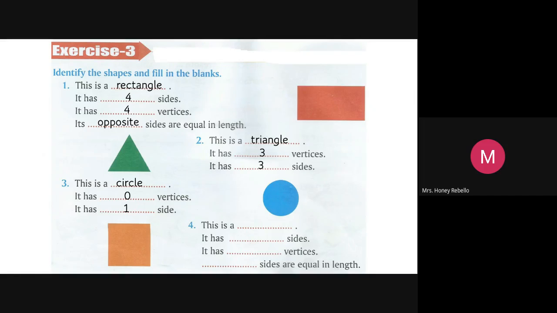Now, the next one, this is a square. Square, square. It has dash sides. Same way, 4 sides. When you do it in classwork note, ma'am will give you. It has 4 corners, exactly like rectangle. All 4 sides are equal.